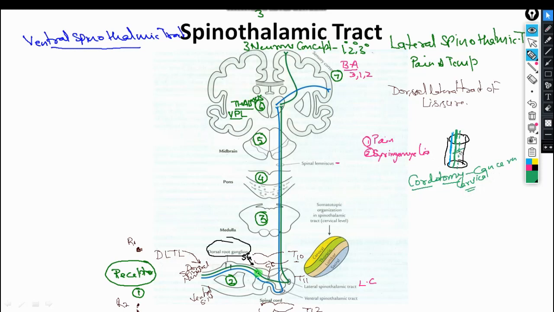There the surgeon cuts these fibers. Second thing you have to remember, of these two modalities, pain and temperature, which were passing through the lateral spinothalamic tract, only the temperature modality goes ahead, but the pain modality remains limited to the thalamus. This is often asked in the PG entrance or even in many MCQs.